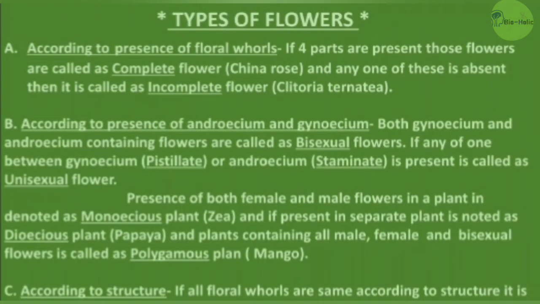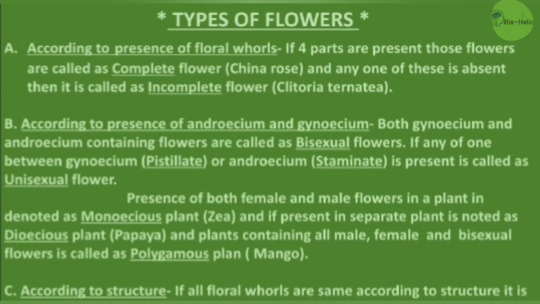Now, move on to the types of flower. According to presence of floral whorls, they can be complete and incomplete. According to presence of androecium and gynoecium, they can be bisexual or unisexual: the monoecious plant, the dioecious plant and the polygamous plant.